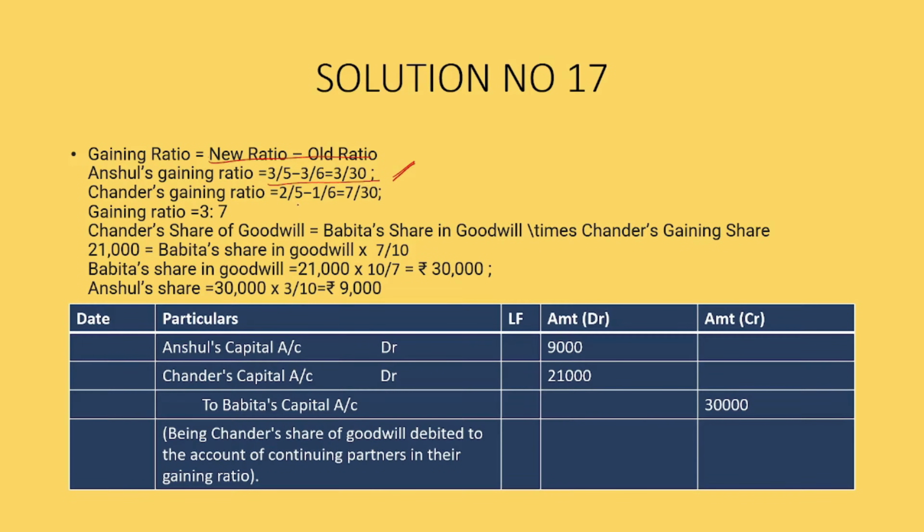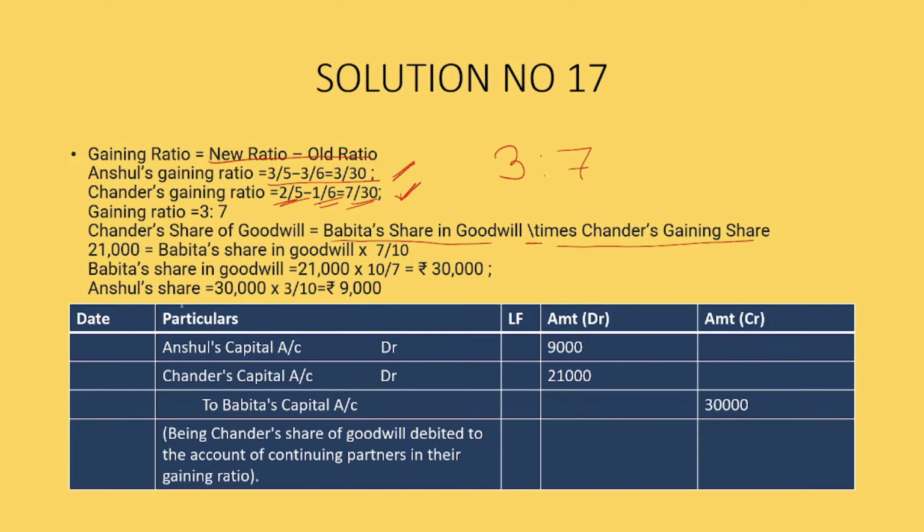And Chandir's gaining ratio will be 2 by 5 minus 1 by 6, that is 7 by 30. So this will be the gaining ratio, that is 3:7.